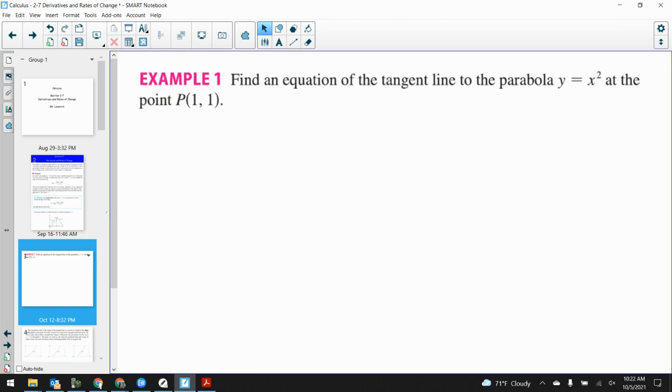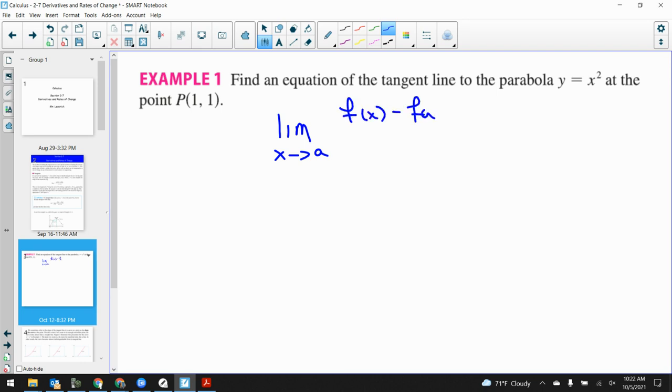Now, how do I do that? Well, I'm going to use that equation we had on the last slide. I'm going to calculate the limit as x approaches a of f of x minus f of a, all divided by x minus a. So what is my a value in this case?